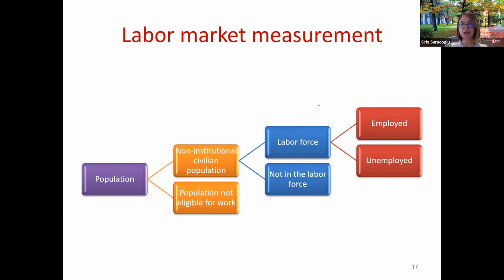In Turkey, that's a large problem because being unemployed has a limit, okay? You can be considered unemployed only for a short period of time, like 1 month, okay? After 1 month, if you have not found a job, you become a discouraged worker and you fall out of the labor force.